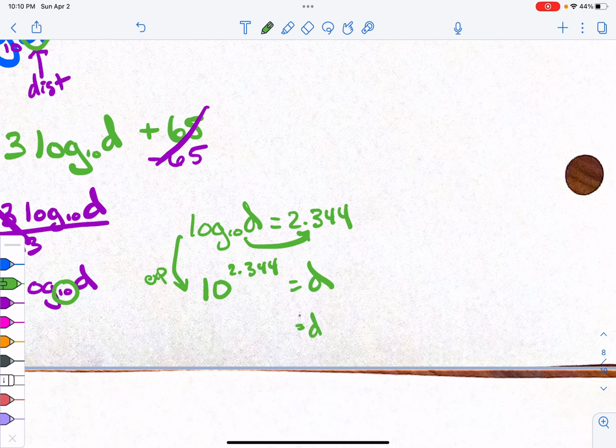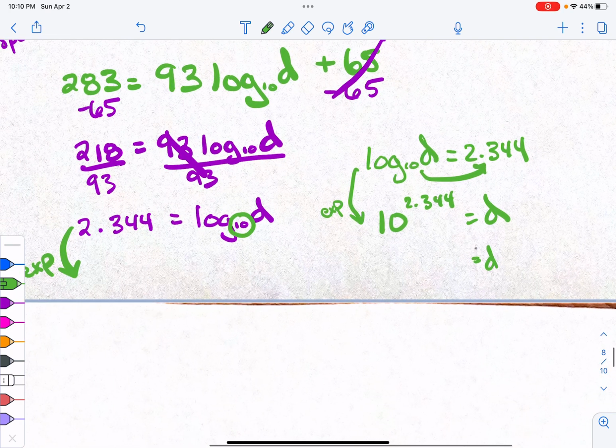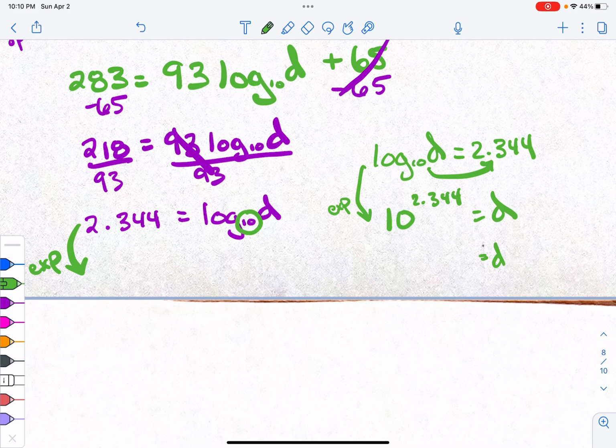I wonder if I can use the full decimal. Yeah, we're going to do that.